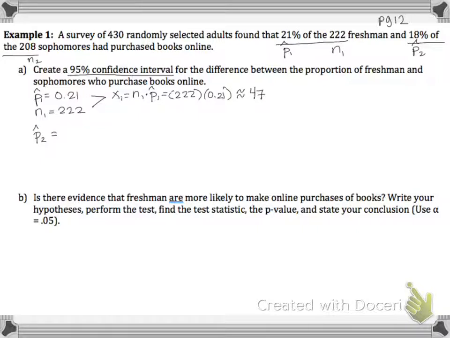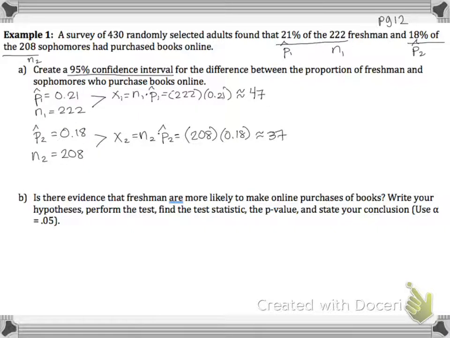Okay, P2 hat is 0.18, and N2 is 208. So X2 is going to be N2 times P2 hat, or 208 times 0.18. And we're going to round this guy too. This happens to be 37.4, so we're going to round it accordingly down to 37.